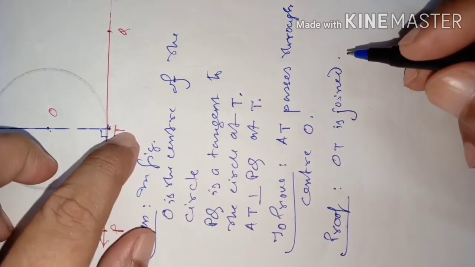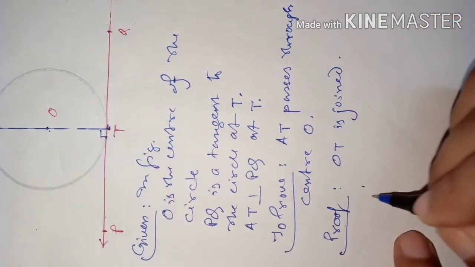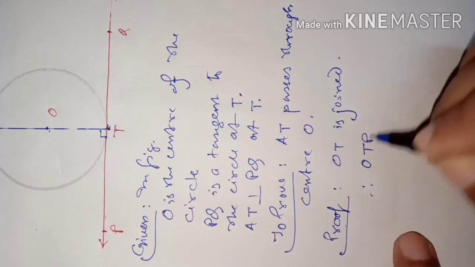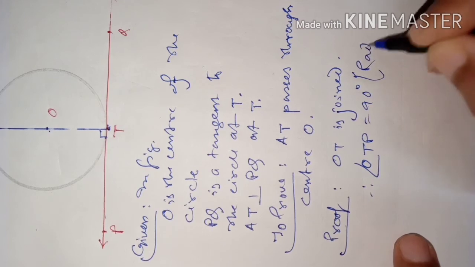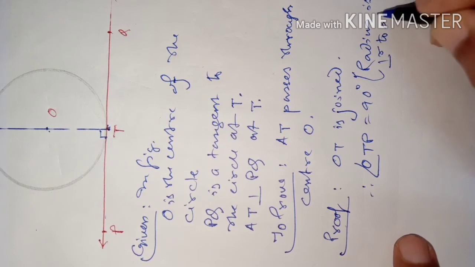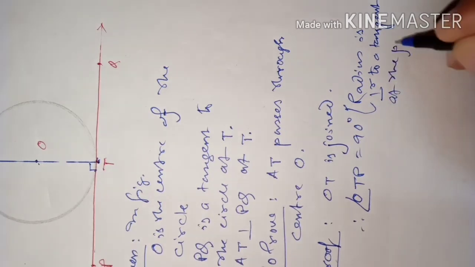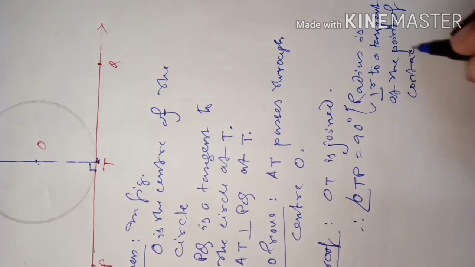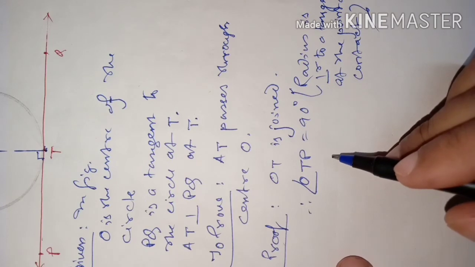Now OT is joined means what? OT is a radius and T is the point of contact. Therefore angle OTP is equal to 90 degrees, because the radius is perpendicular to a tangent at the point of contact. So angle OTP is equal to 90 degrees.